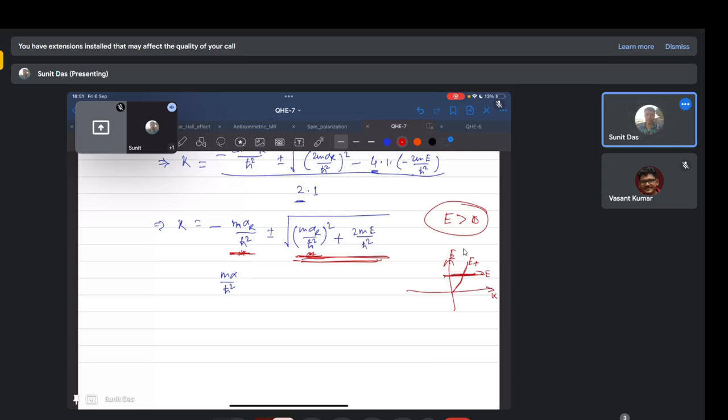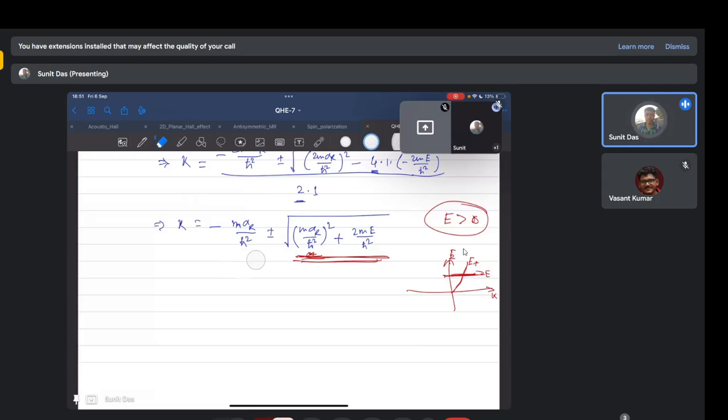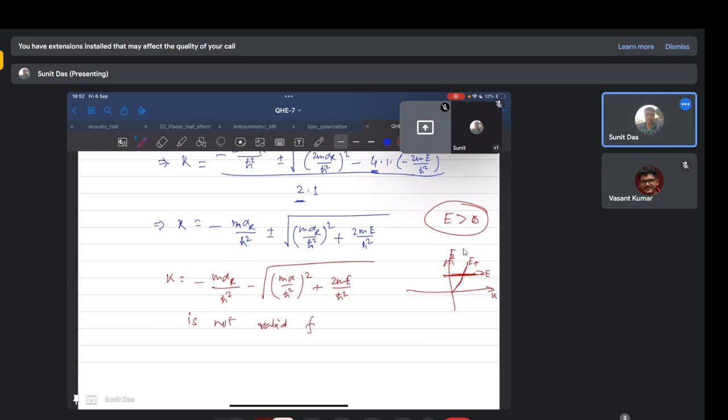So when there is only a negative sign, this solution, k equal to minus m alpha r by h bar square minus root of (m alpha by h bar square) whole square plus 2mE by h bar square, is not valid for E plus of k.